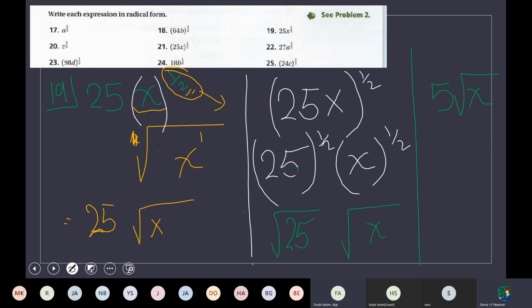I told you, Farah, if you put 2, you can put it. But by default, if you see any square root, this means that the index is 2. And the original one is a square root, so I didn't write it. Yes, exactly.